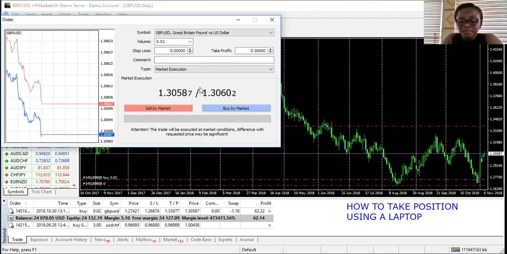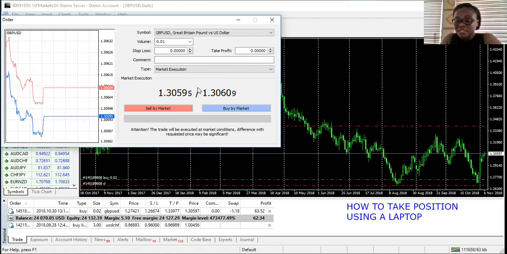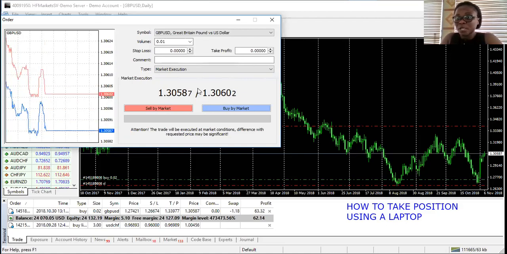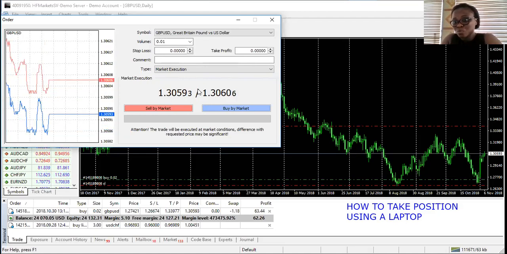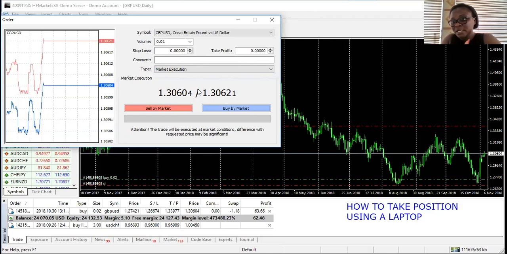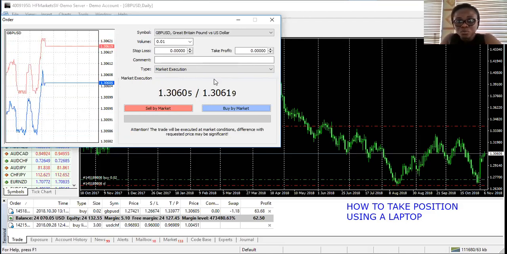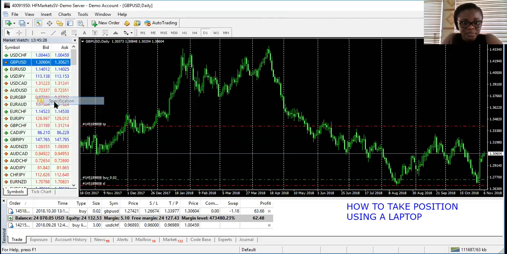If you are a scalper and you look at the swap, say for a buy with a negative swap, and the gain from your trade is less than the swap, it's better to close that trade the same day. Don't let that trade go overnight. This is my advice: always look at the market specification.